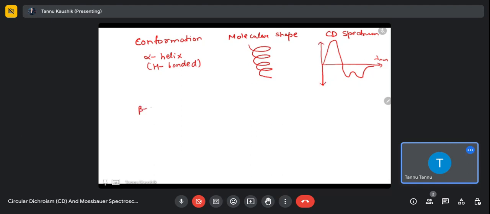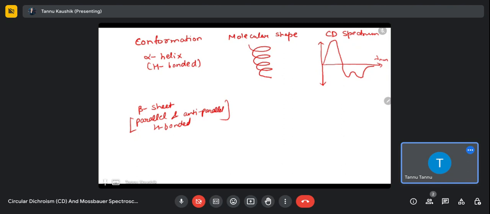For the beta sheet, parallel and anti-parallel hydrogen bonded chain.